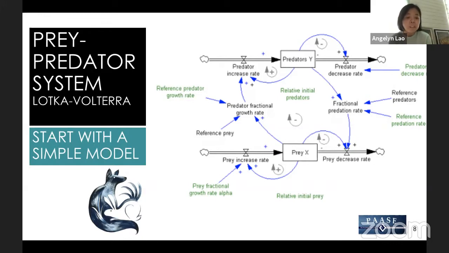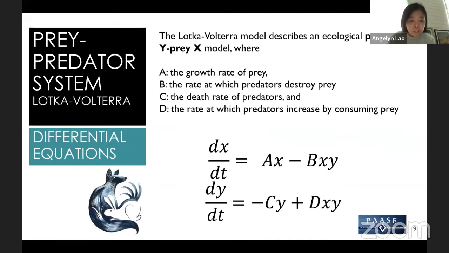the ecosystem. So the prey-predator model was first proposed by Alfred Lotka and Vito Volterra independently in the 1920s, and it's now known as the Lotka-Volterra model. It has many generalizations and applications outside biology. So the model takes the form of a pair of ordinary differential equations, one representing the prey and the other representing the predator.